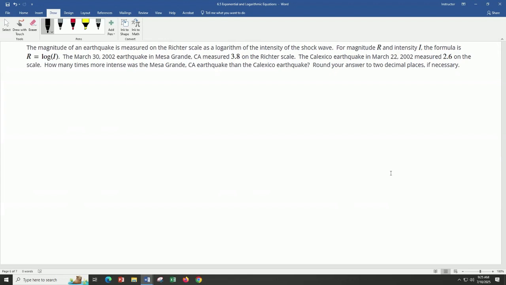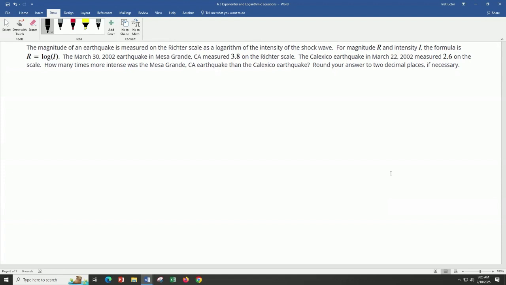The Calexico earthquake on March 22nd, 2002 measured 2.6 on the scale. How many times more intense was the Mesa Grande, California earthquake than the Calexico earthquake?